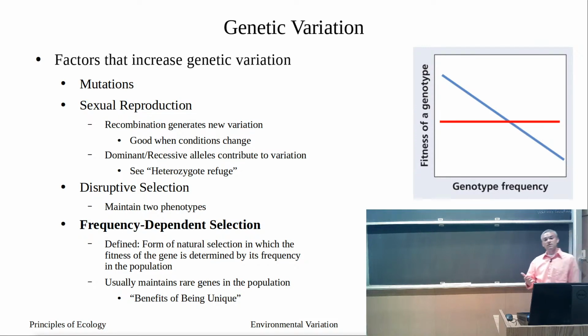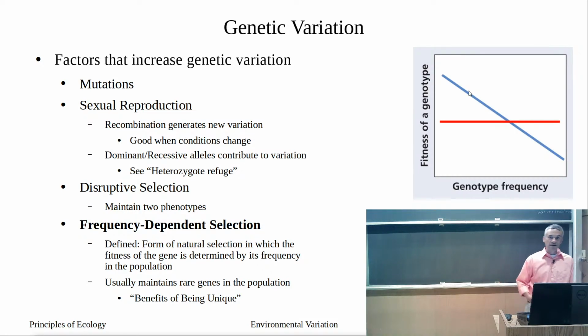All right? So with our phenotypes, we're always talking about a discrete type of phenotype. So long arms versus short arms, for example. But you have to realize that the arm length is actually more of a quantitative trait, and thus you can have different fitnesses based on different sizes. With this frequency-dependent selection, our fitness changes based on the frequency in the population itself.